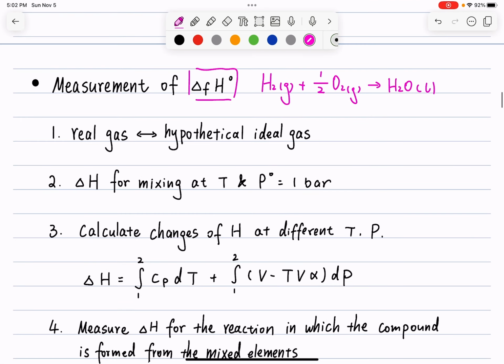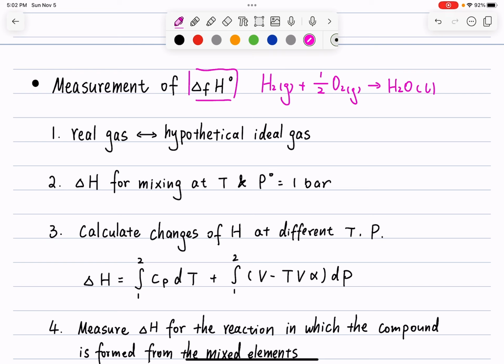So the process of the measurement of my delta Hf naught for water is like we start from these reference points, and the delta H formation of the reference state will be 0. What we want to know is how we change from an initial state.